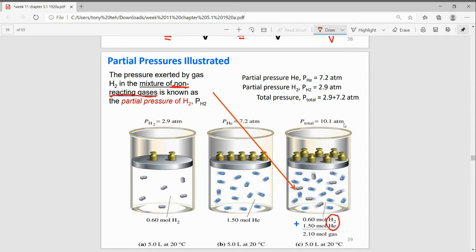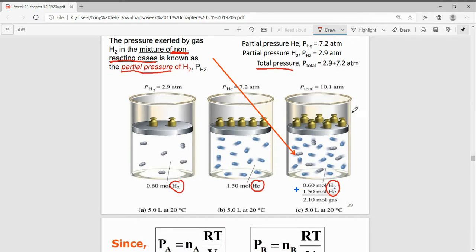Partially the container contains hydrogen gas, partially the container contains helium gas. So the pressure, we know that as partial pressure. So what is the total pressure exerted by both gases? We just need to total them up.